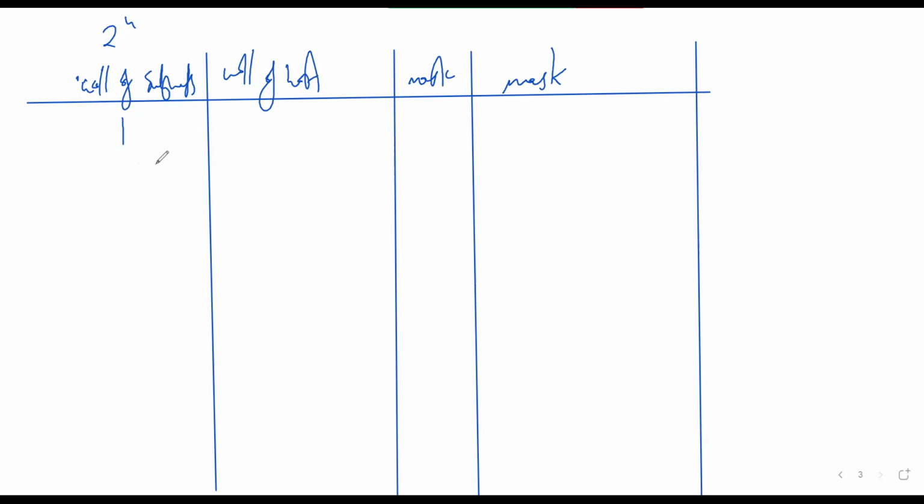So for every 1 bit, you have 2 to the power of n subnets. So here we have 2 to the power of 0 when n is 0. 2 to the power of 1, this is 2, 4, 8, 16, 32, 64, 128, then lastly 256.